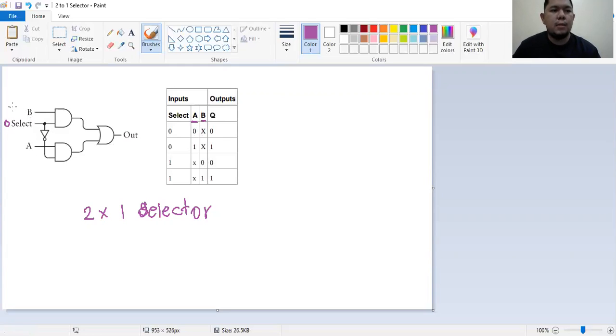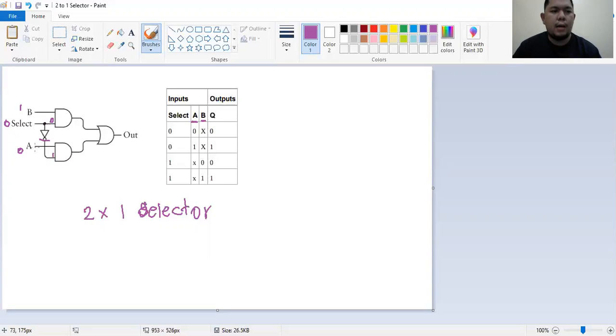So whatever we put in A, in this case, will be outputted by the circuit. Let's just say B is 1, which is any value, either 0 or 1. It doesn't matter for B. What matters is what's in A. The select input has a value 0, and we have a NOT gate here, so it will have a value of 1.